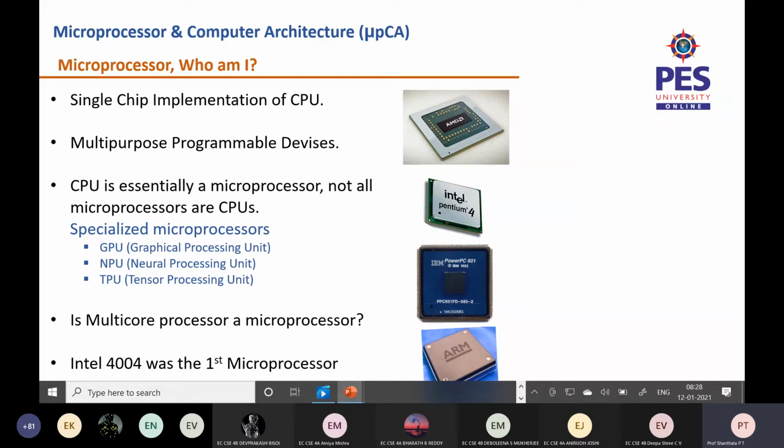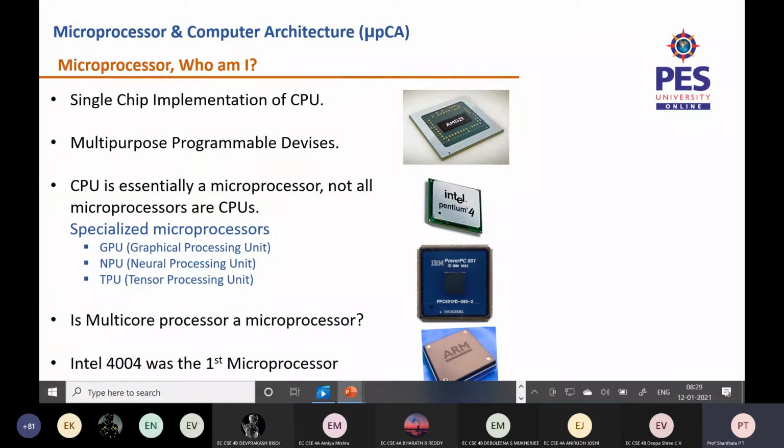CPU performs a lot of arithmetic and logic operations, generally addition, subtraction, multiplication, comparisons, divisions, etc., and also moving of data from one location to another location. Often these are called the processors, I mean CPU or logic chip.